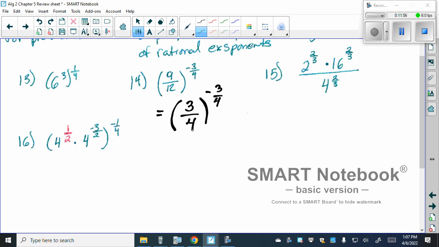As 9 and 12 both have a common factor of 3, and if we pull it out, we would get 3/4. Now, at this point, we can apply this exponent to the numerator and denominator, which would give us 3 to the negative 3/4 over 4 to the negative 3/4.